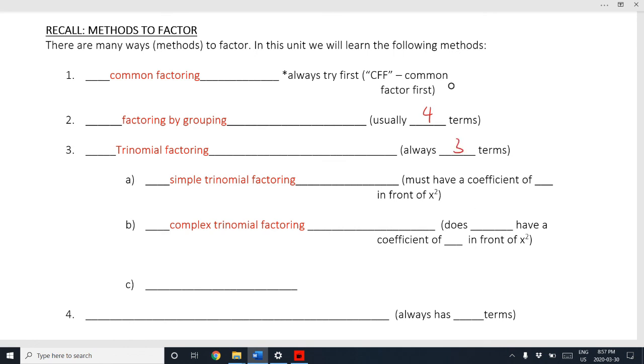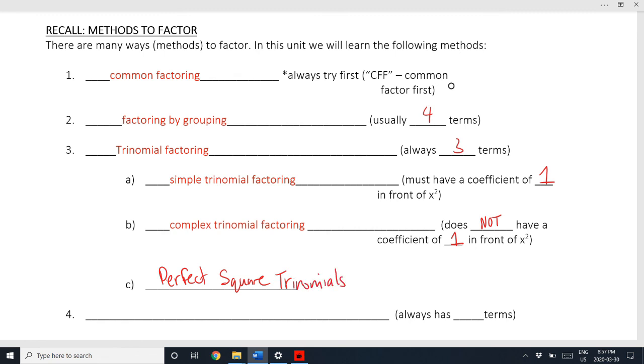And so far in trinomial factoring, we looked at simple, where the coefficient of a is 1, and complex trinomial factoring, where it does not have a coefficient of 1 in front for that a value. Now we're looking at the last set of factoring in this unit, which is called perfect square trinomials.